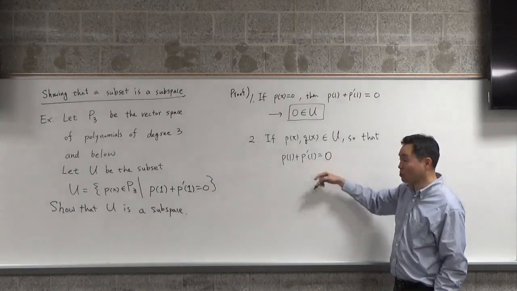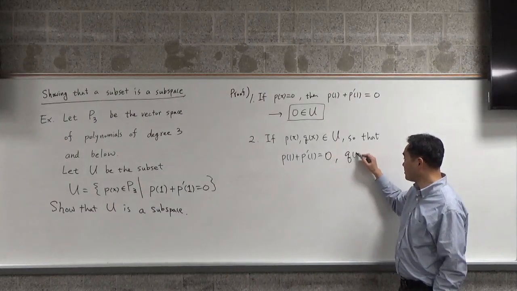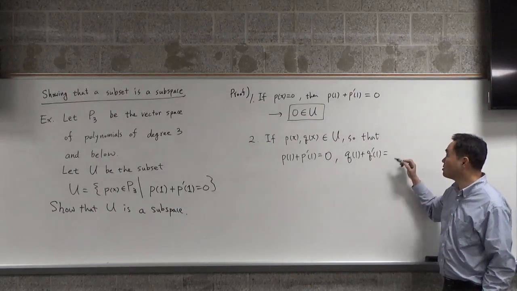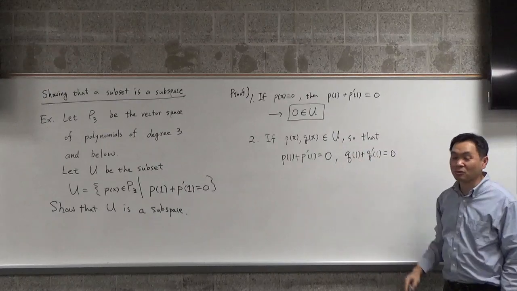Being in U means that's true. How about Q of 1 plus Q prime of 1? Again, 0. Being in U means that's true.